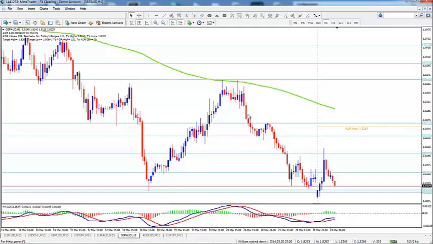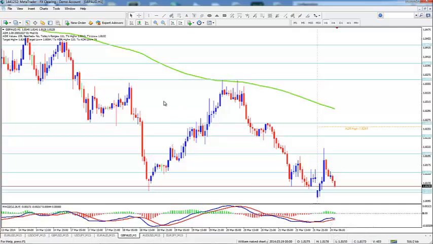I don't take them off. This green line is a 200 exponential moving average. And down on the bottom here is the MACD indicator, the histogram, and then the two moving averages inside the MACD. Okay, so we're going to talk about Bollinger Bands today.